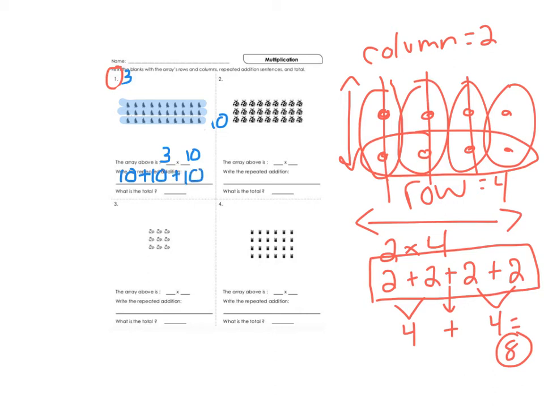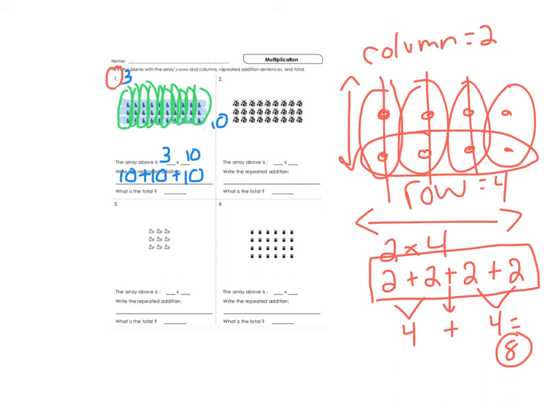Okay. Another way I could do that is, instead of thinking of how many groups of 10, I could think how many groups of 3. So let me show you what that would look like. I'd be looking at 1 group of 3, 2, 3, 4, 5, 6, 7, 8, 9, 10 groups of 3.